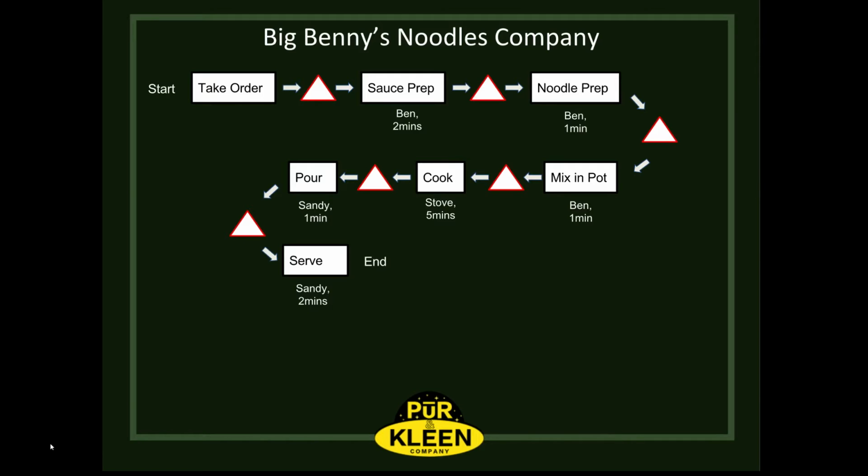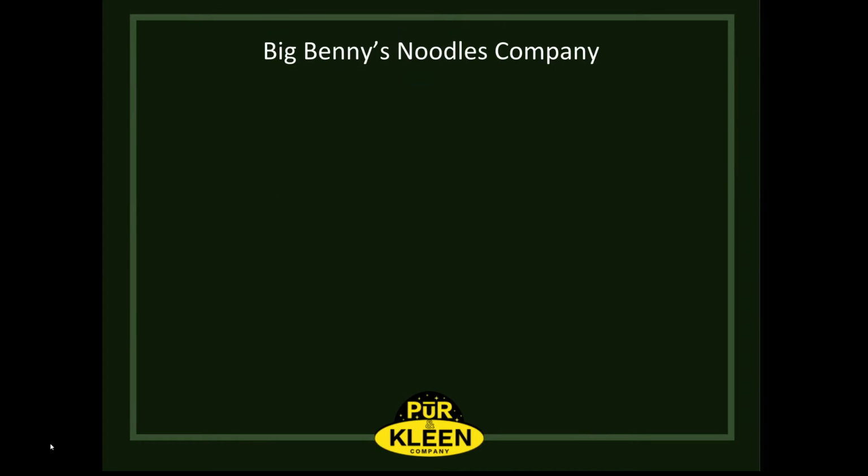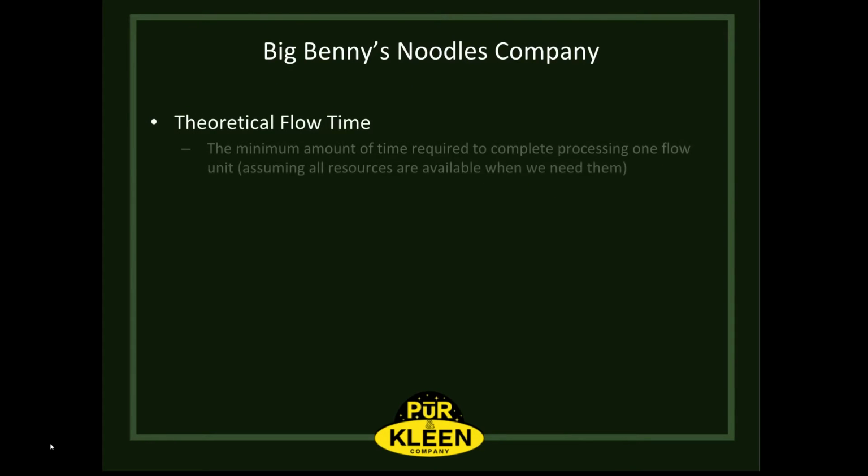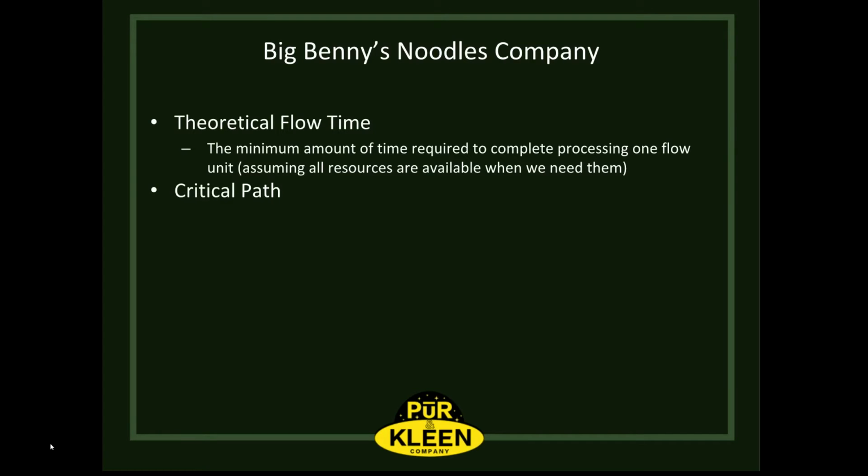So that's 12 minutes. We now realize that the theoretical flow time is only relevant for a specific question, right? You must know the specific input, one customer, and the specific output, one bowl of noodles. This is a very simple process with only one path. So that is the critical path.